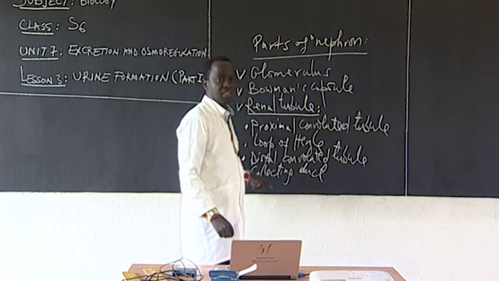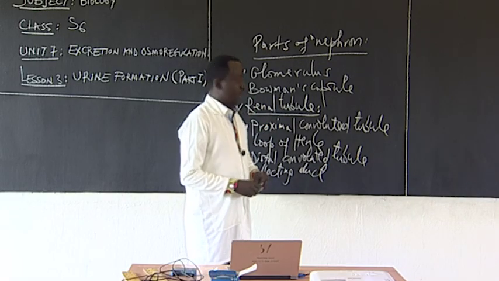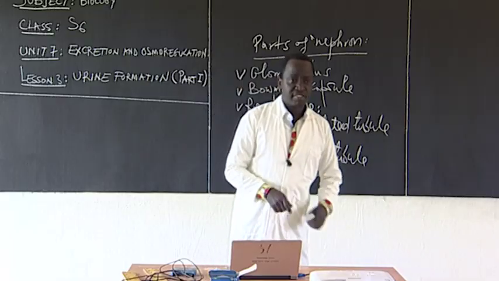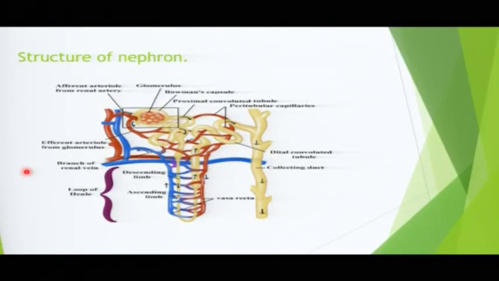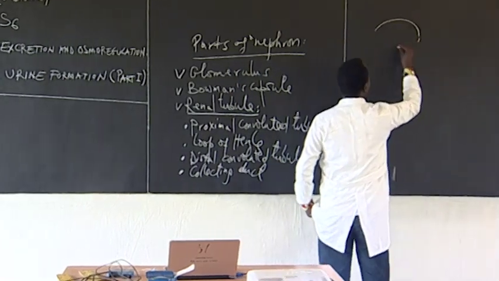You can ask yourself, what is the role of each part of this nephron? As you can see on the screen, let me help you to see on the diagram here, and then we use both diagrams. Are you together? So now, we have this.